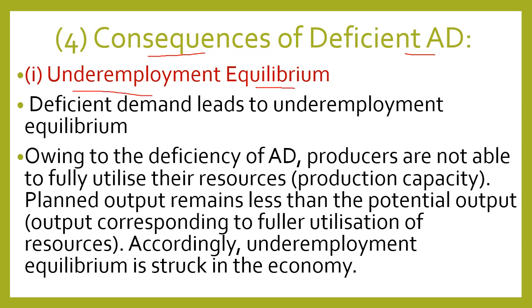Owing to deficiency of AD, producers are not able to fully utilize their resources, or produce according to their production capacity. Means planned output remains less than the potential output. Accordingly, underemployment equilibrium is struck in the economy.